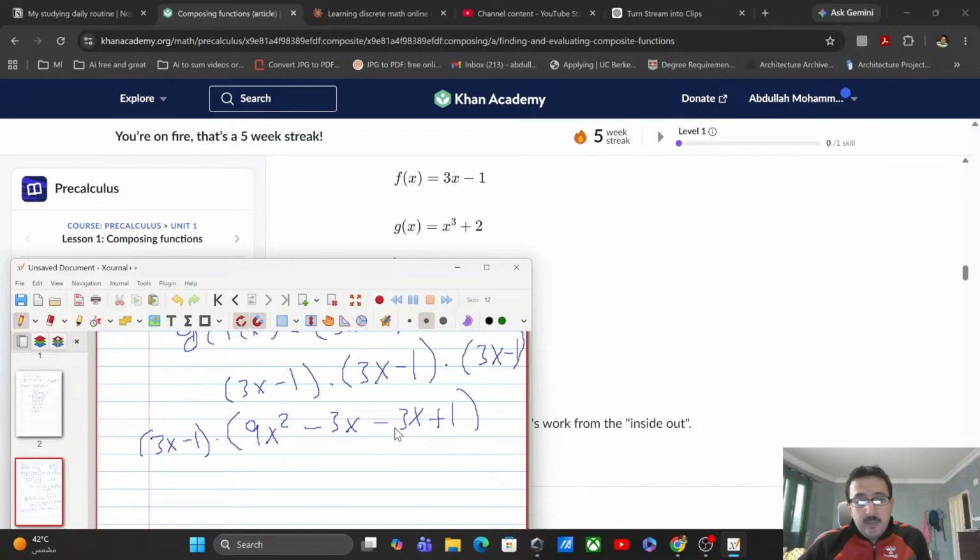And this can actually go simpler because minus 3x and minus 3x is minus 6x. So I got 9x squared minus 6x plus 1 over 3x plus 1.